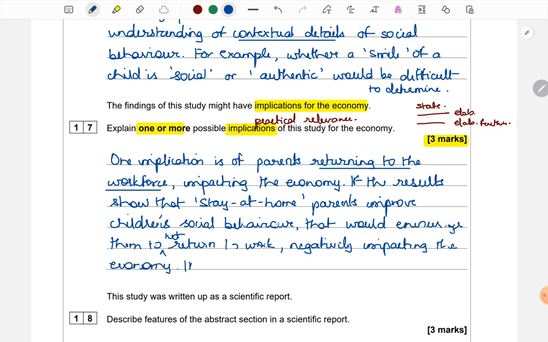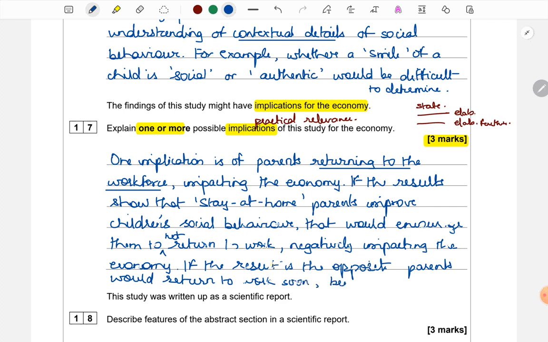If the result is the opposite, parents would return to work soon, benefiting the economy.